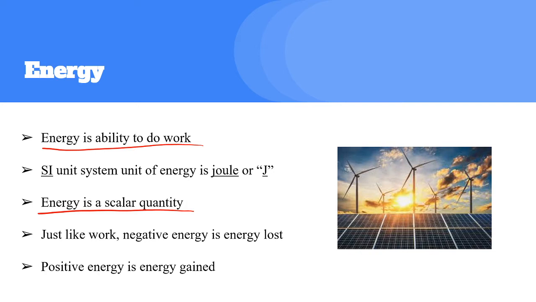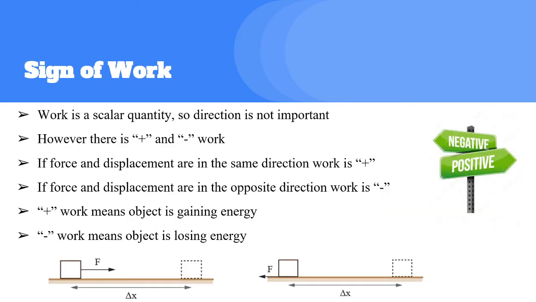Then what is the meaning of that positive and negative if it doesn't indicate the direction? Negative energy or negative work is going to basically represent the energy that we lose, or the energy that is leaving from the system. And positive means that you are gaining some energy. Once you do positive work, then the object has gained energy.